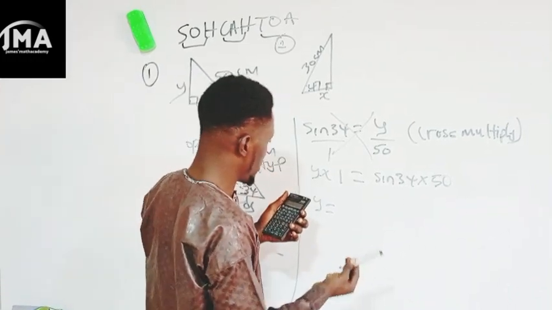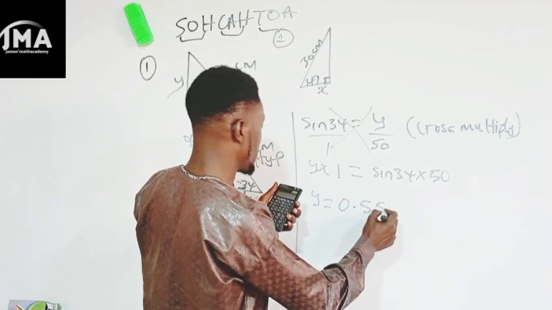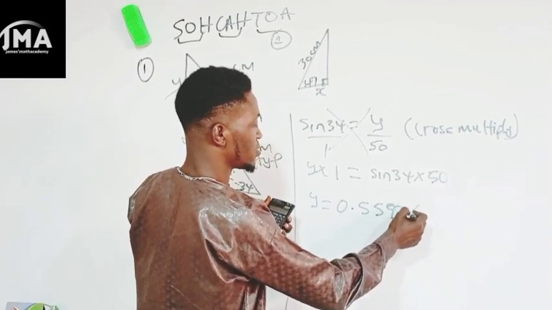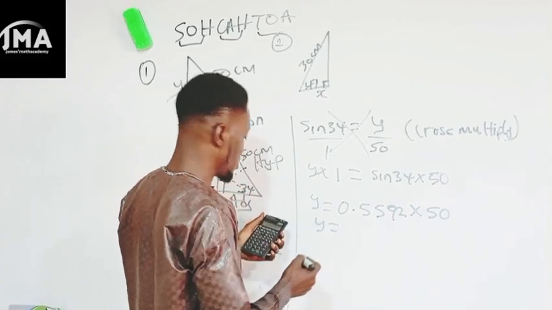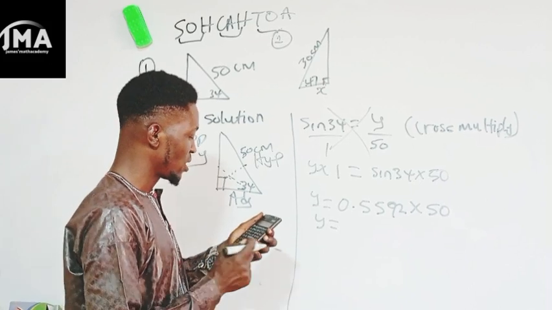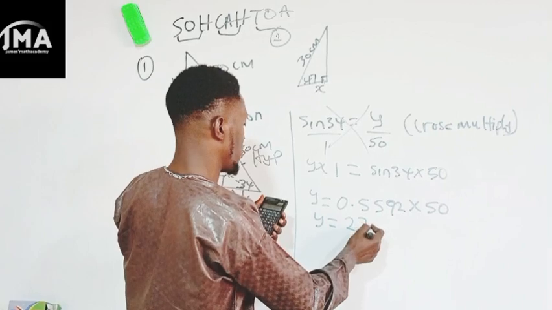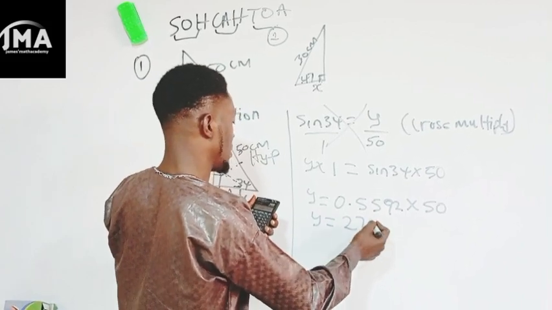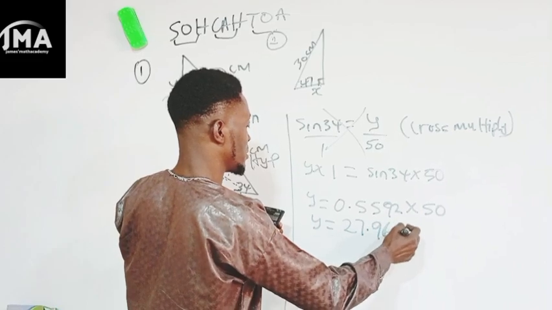0.55, so times this 50. So if you multiply them together, what do we get? Let's multiply them times 50. I'm going to have 27.96 centimeter.